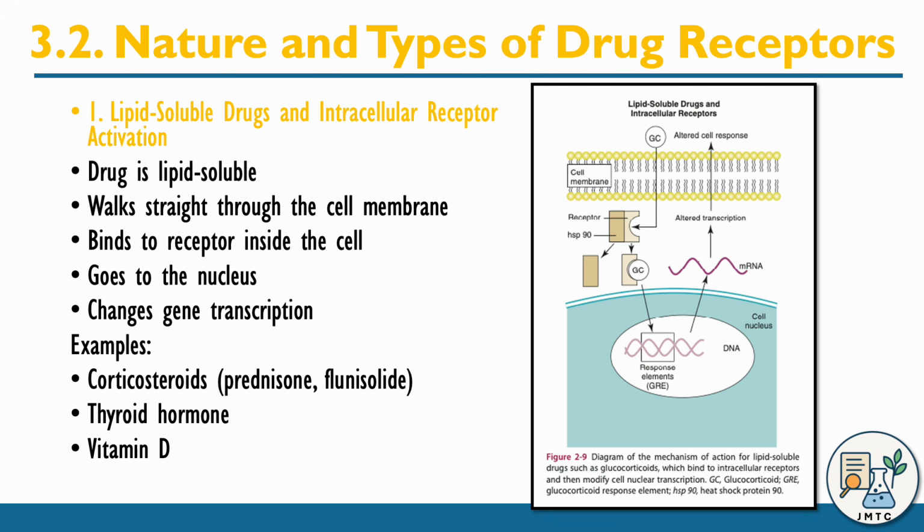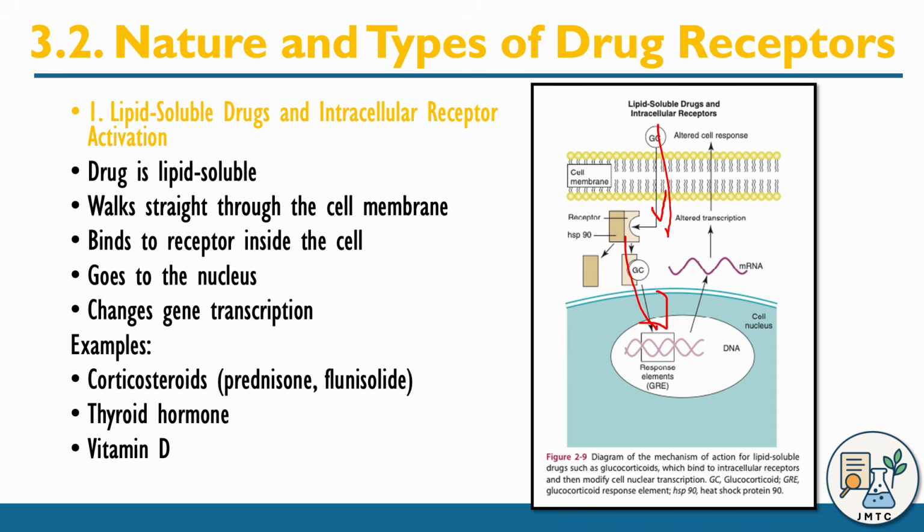For the first mechanism, which is for lipid-soluble drugs and intracellular receptor activation, the drug must be lipid-soluble. And magwa-walk straight siya, diretso siya sa ating cell membrane. Doon siya magbabind sa loob ng cell and it goes to the nucleus and changes gene transcription.